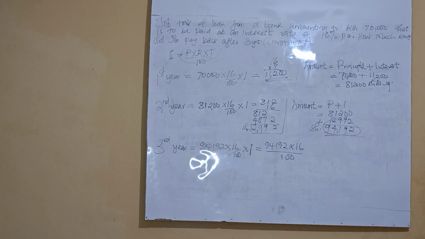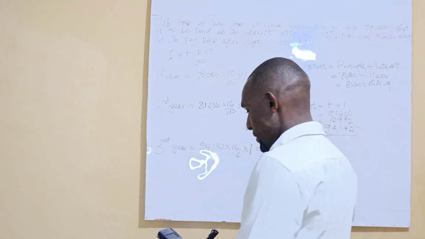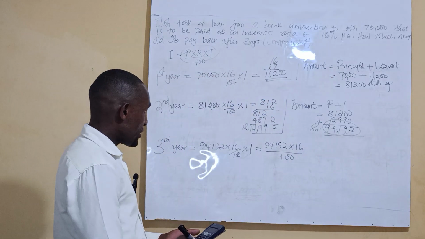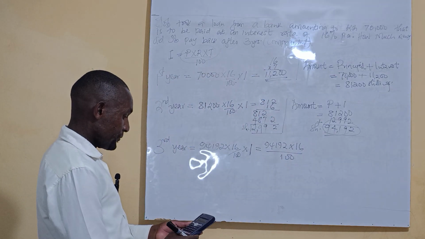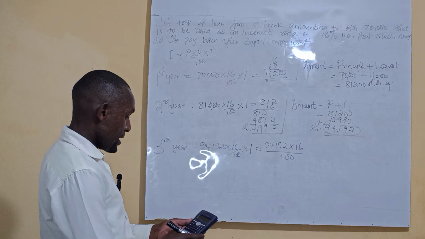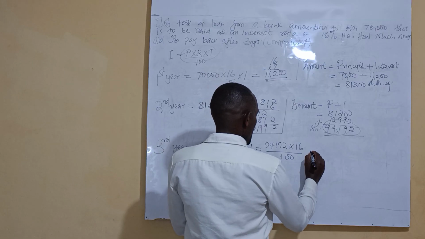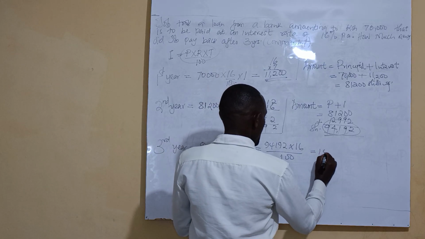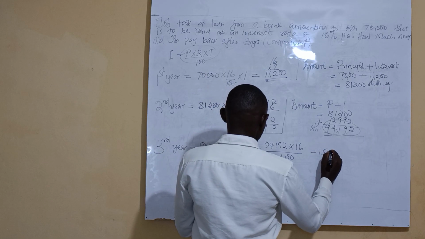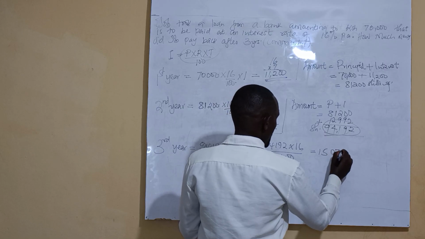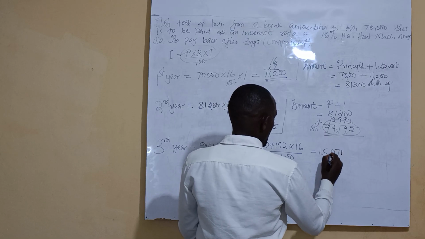When you take your calculator, you are multiplying 94,192 by 16, then you divide by 100. So the interest for the third year is equals to 15,071, rounded off to the nearest whole number.